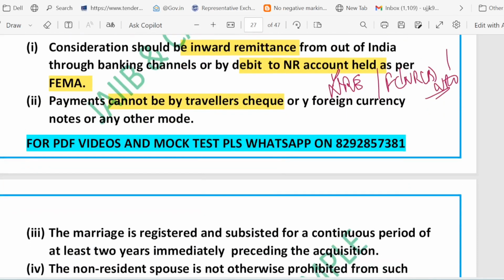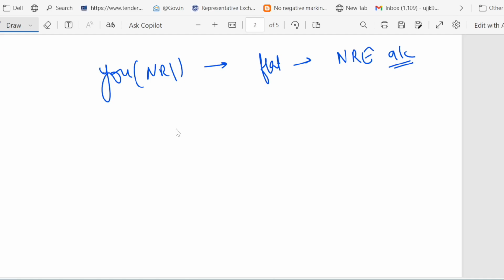So let me give you a quick practical example to make this clearer. Suppose you are an NRI and you want to buy a flat. You can pay from your NRE account, or you can send money from abroad through a bank transfer.